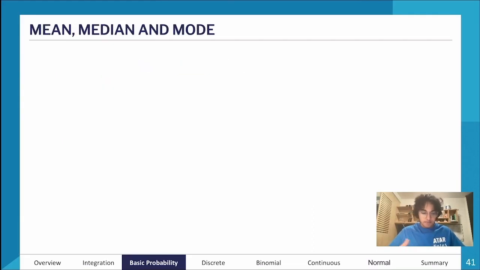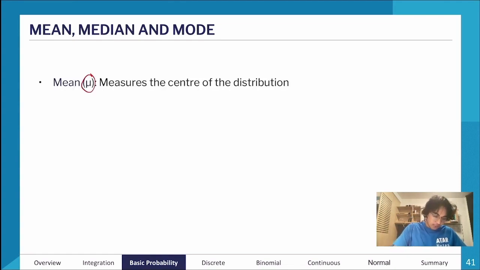Okay, mean, median, and mode. These are definitely things you guys have seen before, but I'm going to give them a little bit of a different twist, especially in discrete and the other stuff that's coming. So mean, please remember this symbol. It's how we represent it in methods. That's called mu. The way I usually write it is just like a U, but I start with a tail out the front, right?